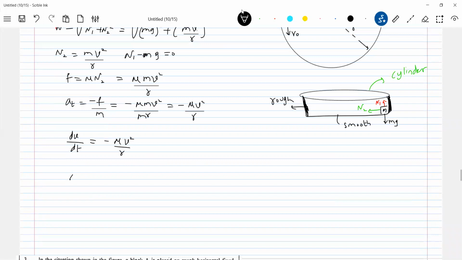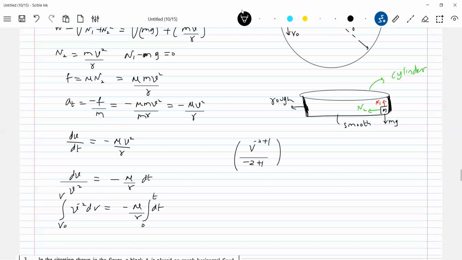So further integration: dv by v square equal to minus mu by r dt. This should be from initial velocity v naught to v at any instant of time. First we'll calculate, so this should become equal to v to the power minus 2 plus 1 by minus 2 plus 1, equal to minus mu t by r.